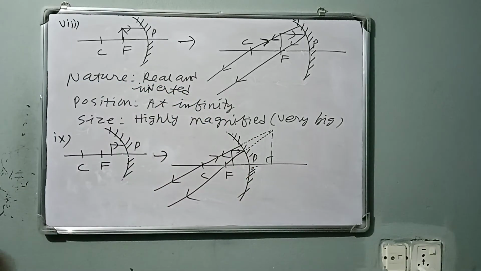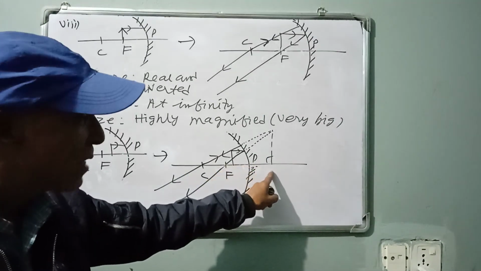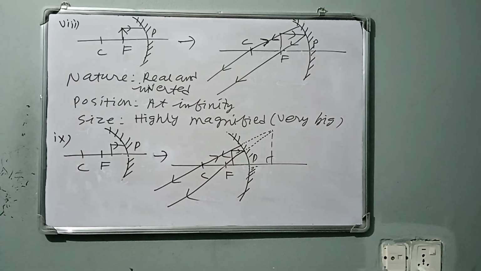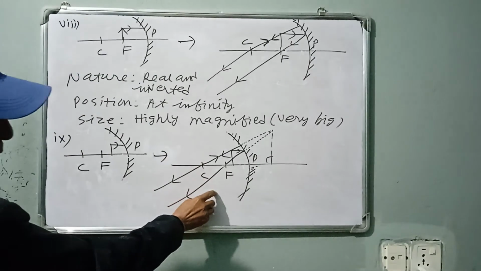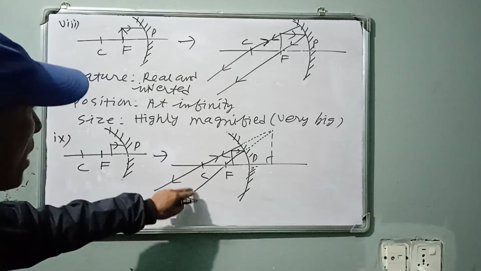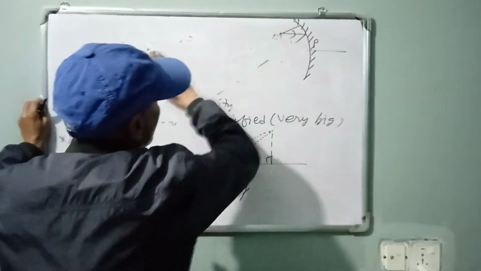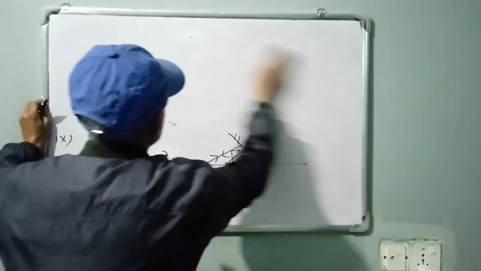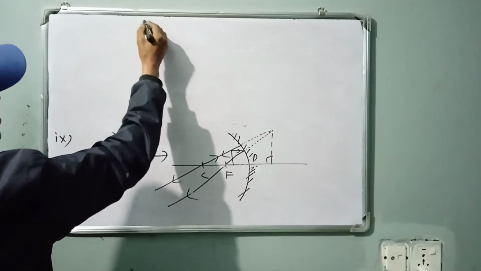How to write down the language? A virtual, erect and magnified image is formed on the opposite side beyond F. For the sake of convenience, since it is a special case, I am going to draw again. This diagram only, corrected or complete diagram.